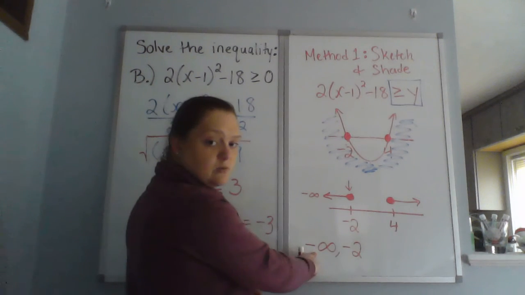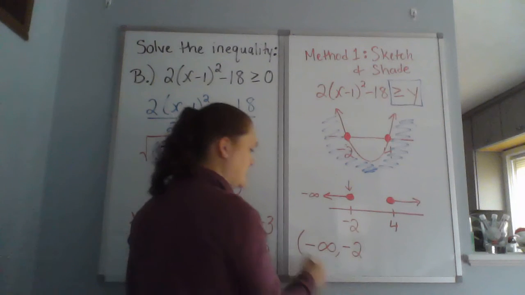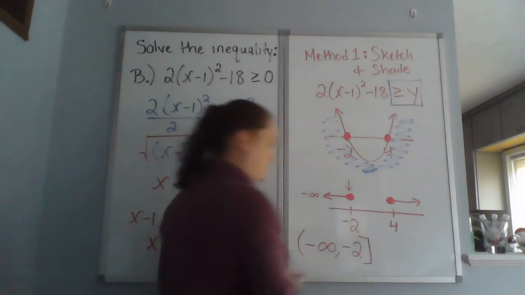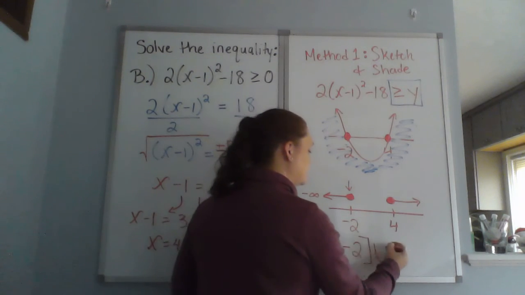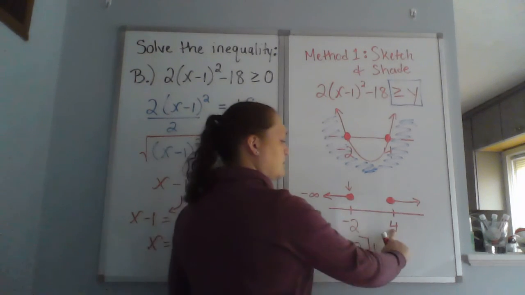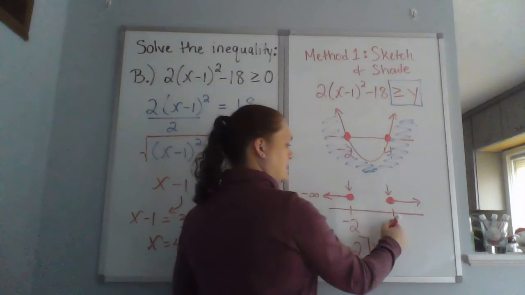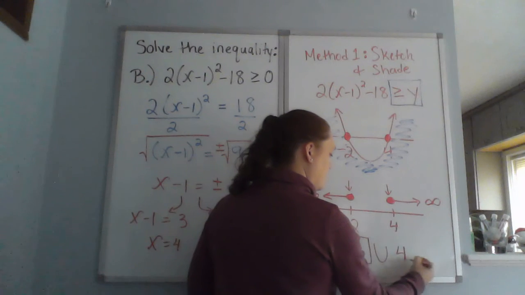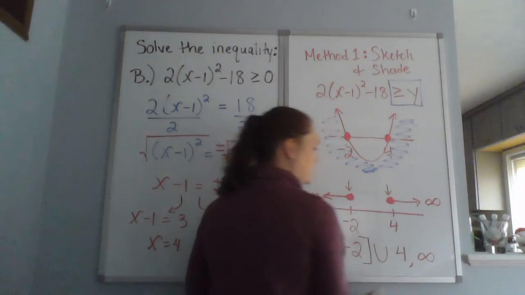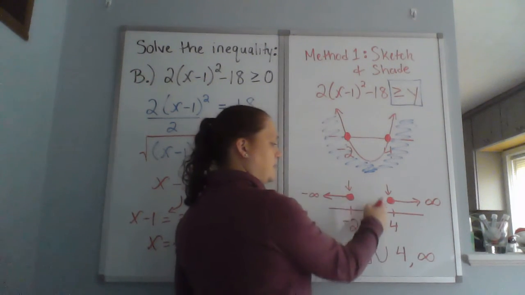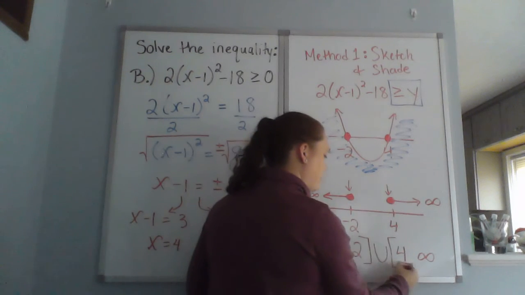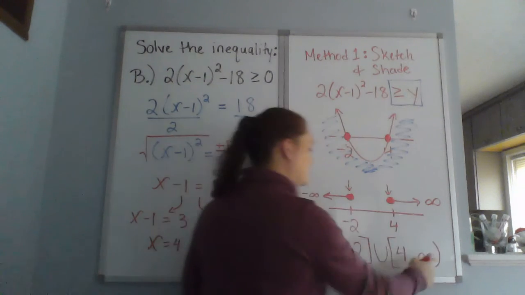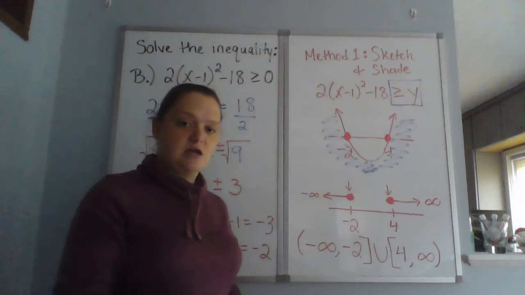I can never equal an infinity, so that's a parenthesis. In this case, I can equal the negative 2, so that's a square bracket. Then I have my union symbol to join it with the other. The other one starts here at 4 and keeps going this way forever to infinity. So I start at 4 and continue on to infinity. I can include the 4 because there was an equal to, so there's a square bracket there. I cannot equal infinity, so that's a parenthesis. So that's my interval notation answer.